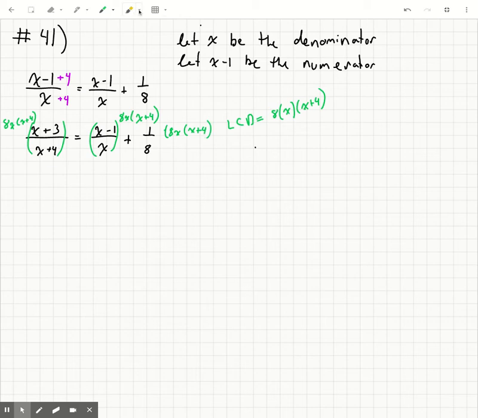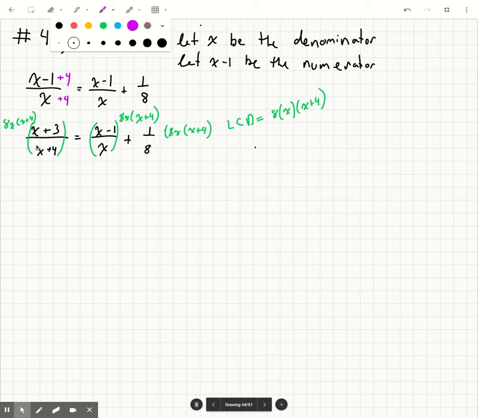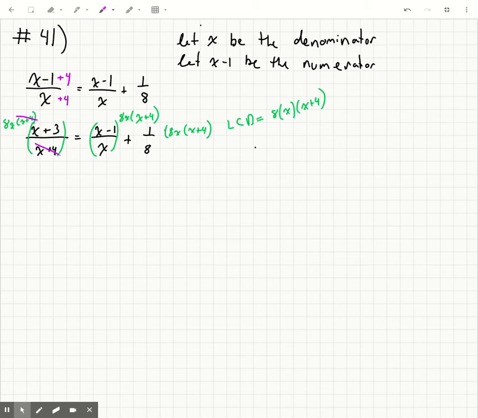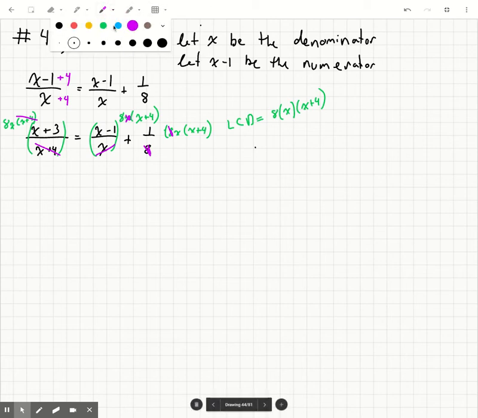Okay, so some things are going to cancel. We're going to undo basically all of the division there. So we're going to undo this division here, right here we're going to undo that, the x is gone, and then the 8 is gone here. So we end up without any fractions.